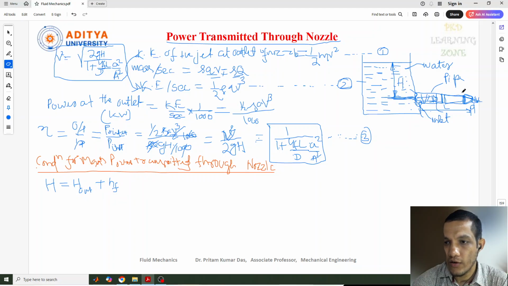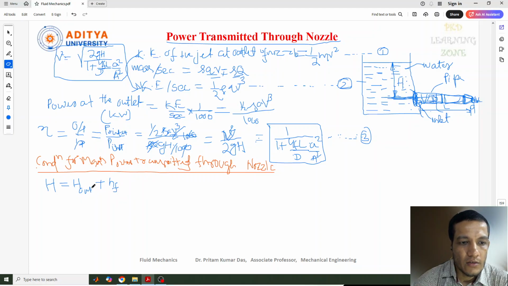If you add it with this one, then it will be equal. That means the total energy present here equals the final output energy plus the loss of energy during the fluid flow.